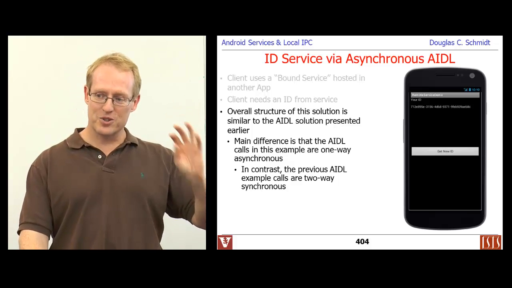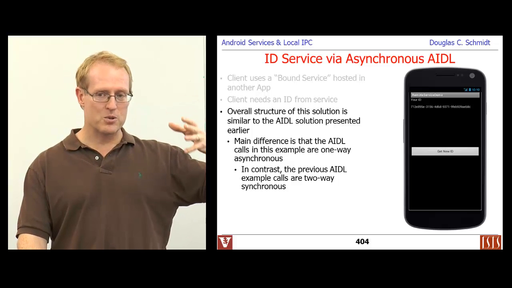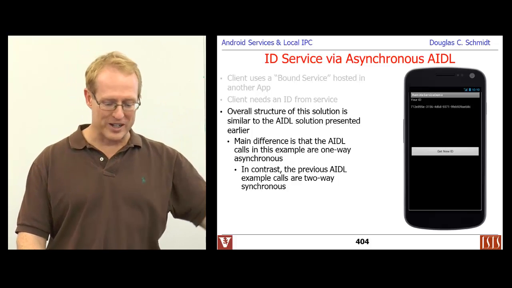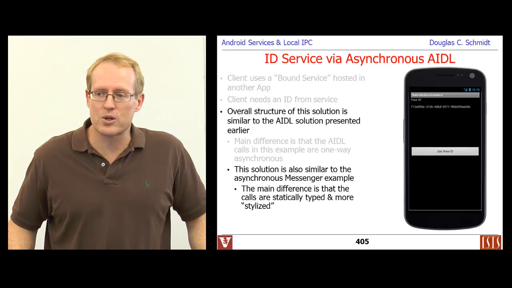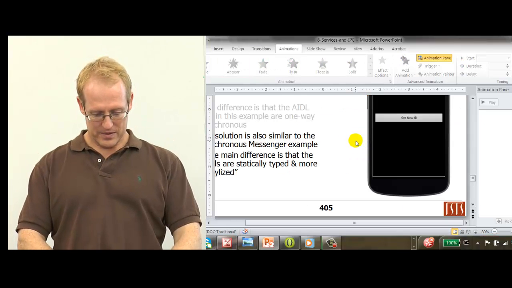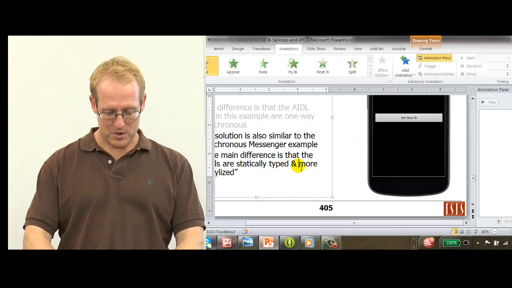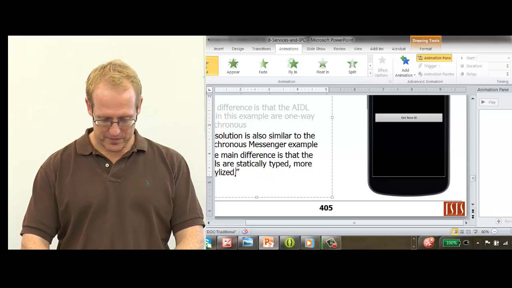So now we're going to have two one-way calls on different interfaces as opposed to one two-way call on one interface, if that makes sense. This solution is actually a lot closer to the way in which the statically typed, more stylized, and multi-threaded.